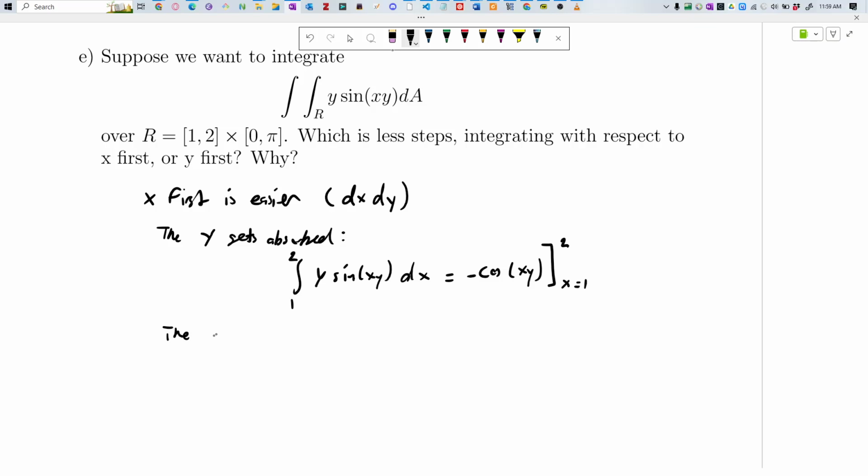And then just as a point of contrast, trying y first. If I remember correctly, this kind of thing will involve... actually, we can just see it, can't we? If we try to do the y integral, it's the integral from 0 to pi of y sine of xy dy.